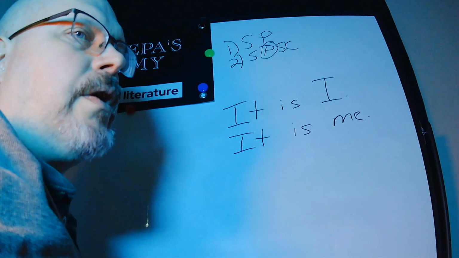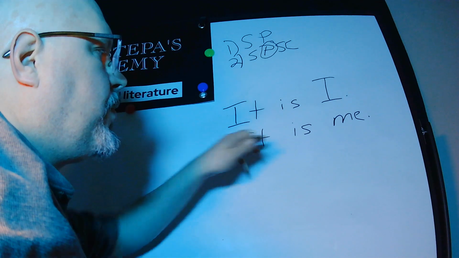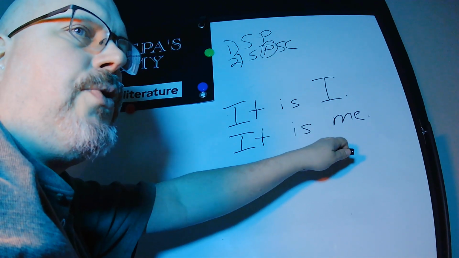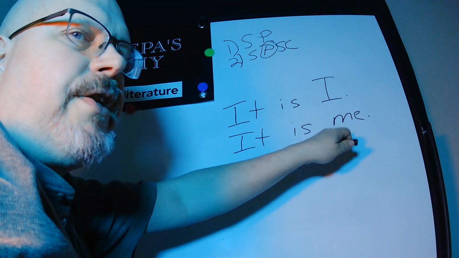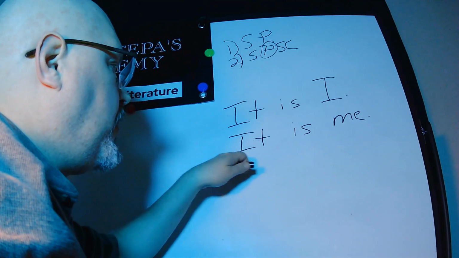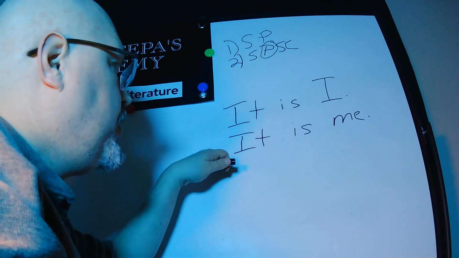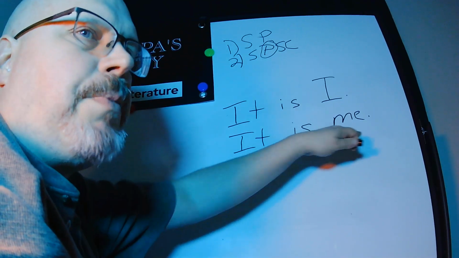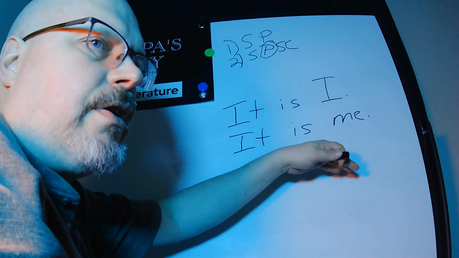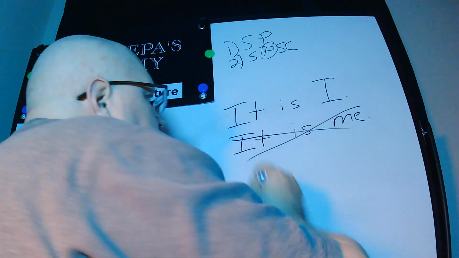Okay, by sound, if you were picking between these two, you would go with this one. And this is the one that most people would use in dialect. But technically this is incorrect in standard English. If you knock on the door and someone says, "Who is it?" you say, "It is me," or "It's me." This is the way we speak in dialect, in common language, but technically this is incorrect.